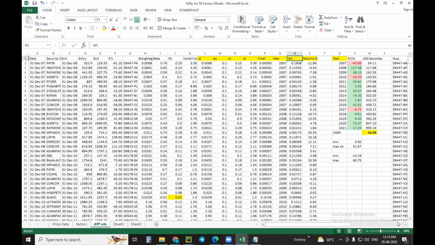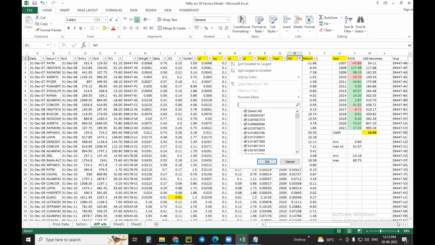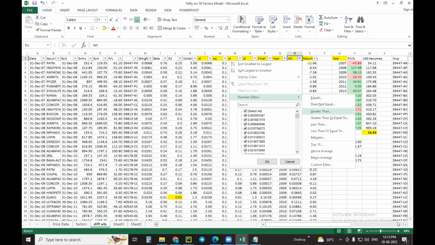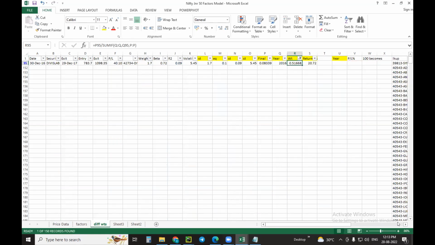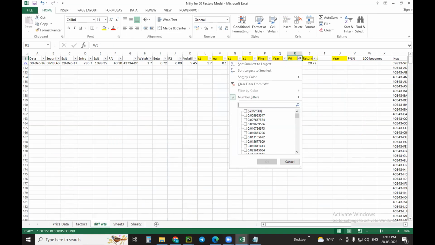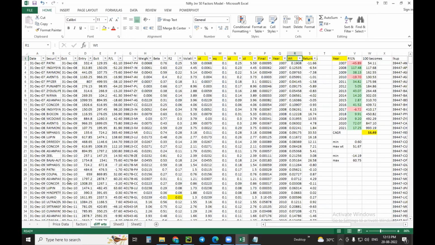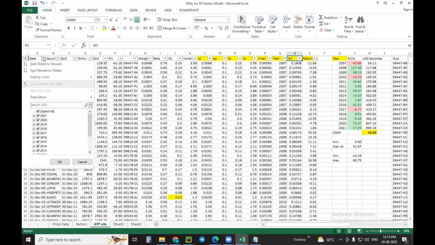Use the filter, and in the weight, you select greater than 0.4. This was in 2016 for Divi's Lab. Not majorly worrying, but yeah, so it is what it is.